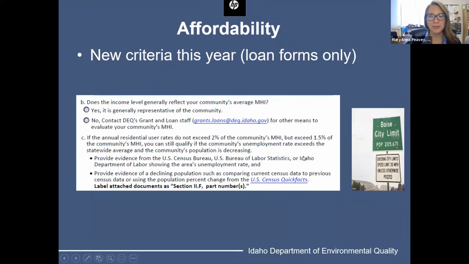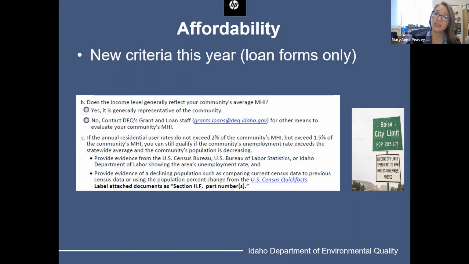Now, some systems, you're really close to that 2%, but you're not at that 2% or over threshold to be considered a disadvantaged community. You still have a little bit of a second chance to be considered disadvantaged. So if your user rate is between 1.5% and 2% of your median household income, you can still qualify for being a disadvantaged community if you can show us two other items.